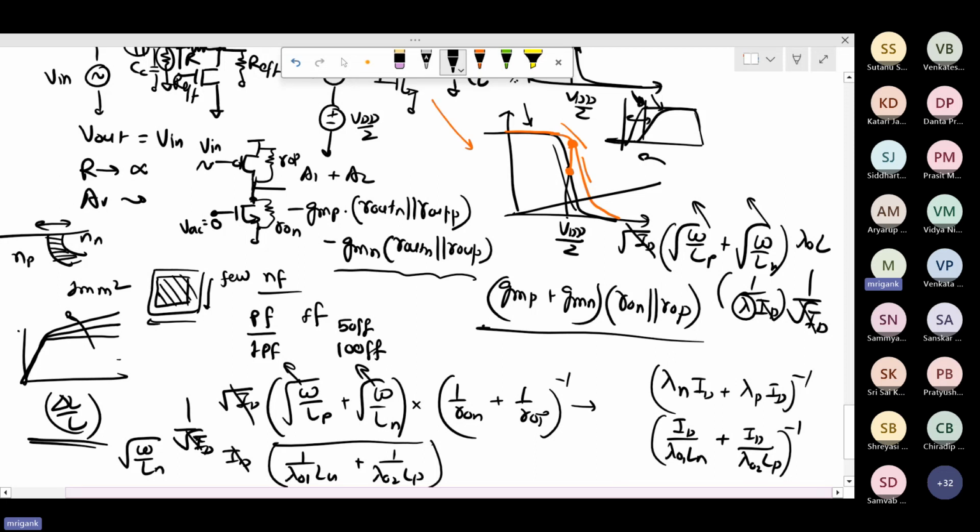Therefore, increasing the channel length in this case will help you get bigger gain, because it reduces the current and it increases the RO of the devices, and reducing current and increasing RO will help you get better gain.